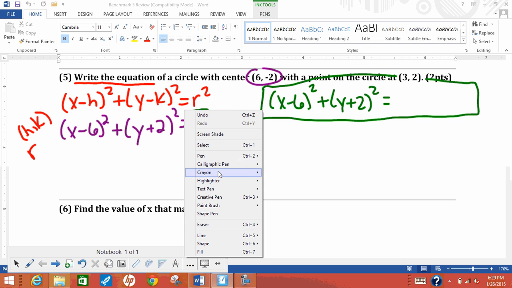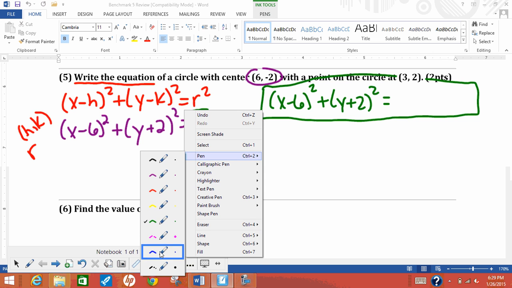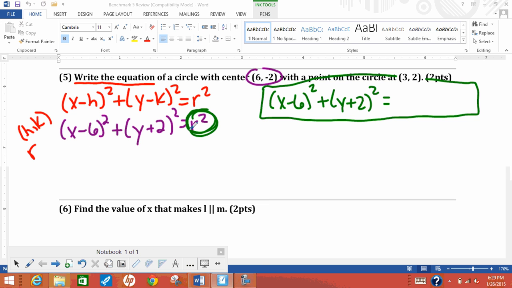So let's do that. I'll go back over here to my unfinished equation, and I'm going to do this just to help me figure out what r squared is. So my x was 3, my y was 2.